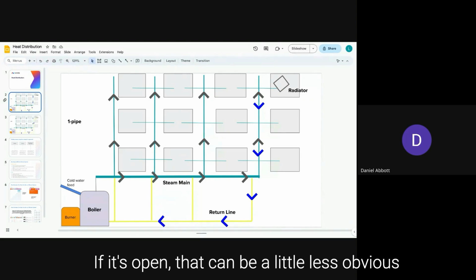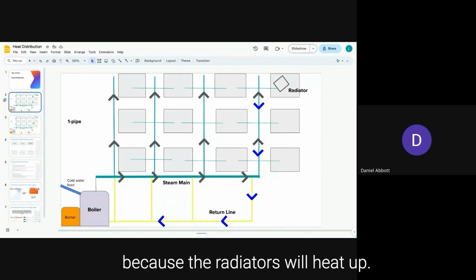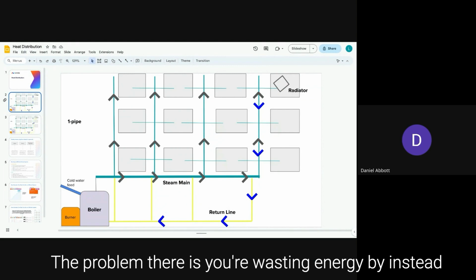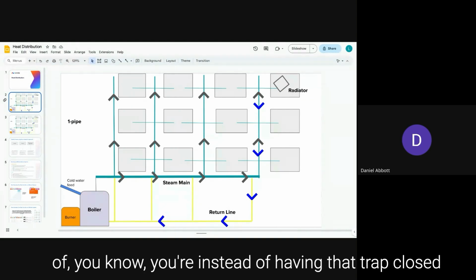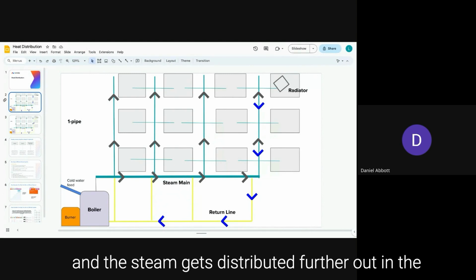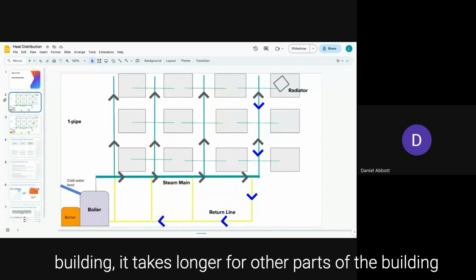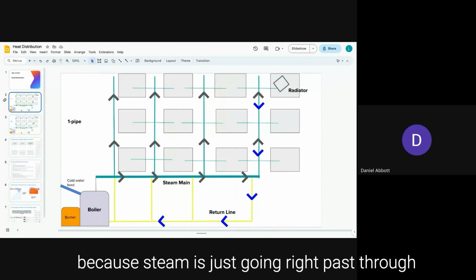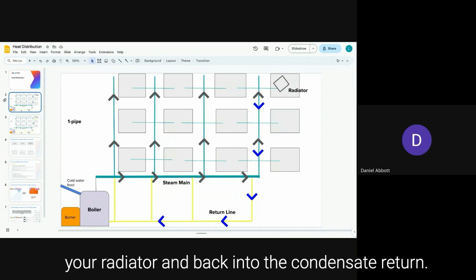If it's open, that can be a little less obvious because the radiators will heat up. The problem there is you're wasting energy, because instead of having that trap closed and the steam getting distributed further out in the building, steam just goes right through your radiator and back into the condensate return.